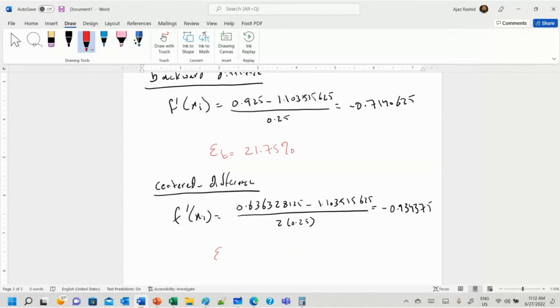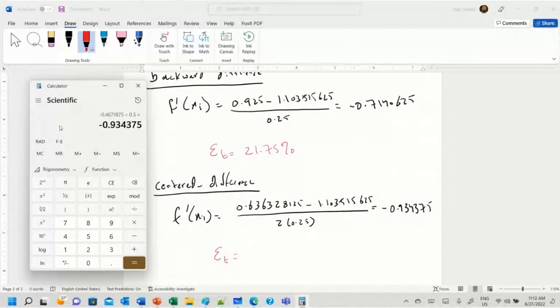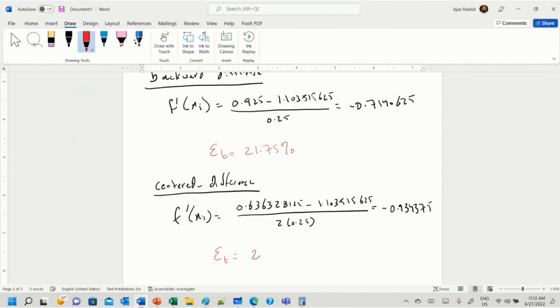And we can find the error as this number minus 0.9125, divided by 0.9125, multiplied by 100. So we get 2.4% error. We said it was almost 10, and we expected to get almost 2.5%.